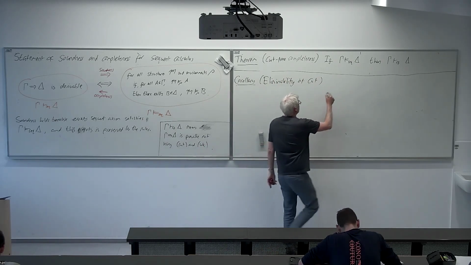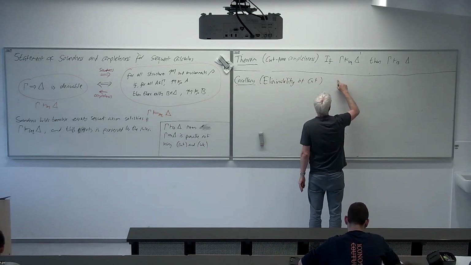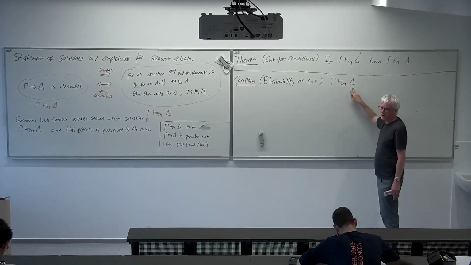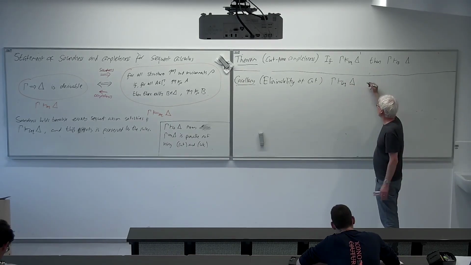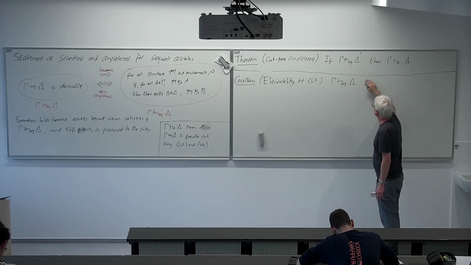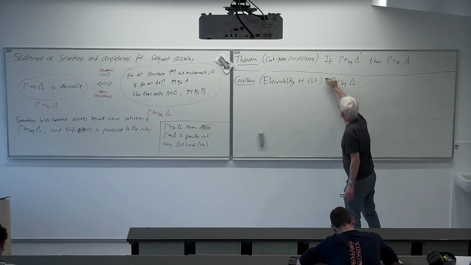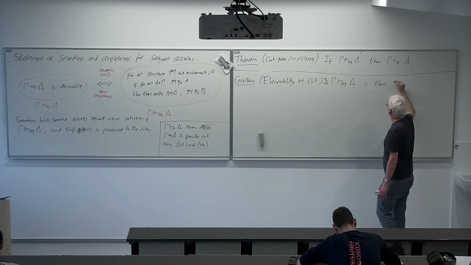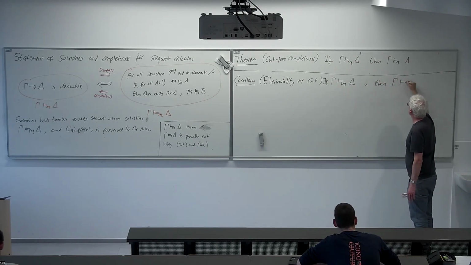So this is a purely proof theoretic statement. It doesn't involve semantics. It's that if we can prove the sequent gamma delta in the full sequent system, then we have a cut-free proof of it.